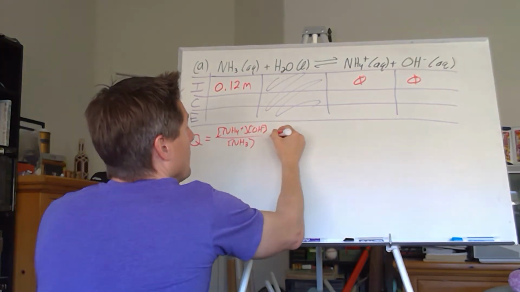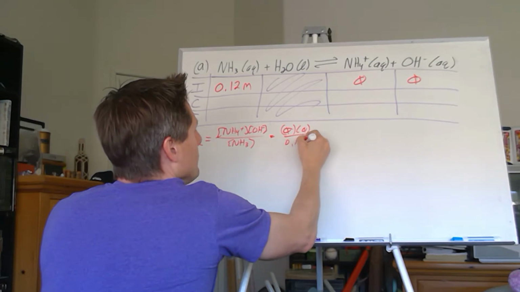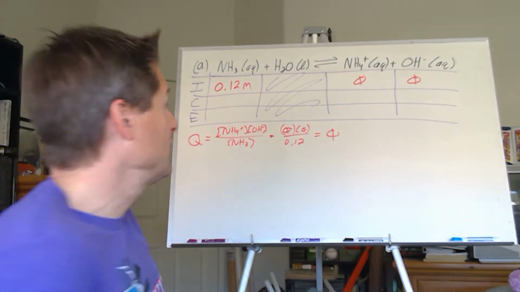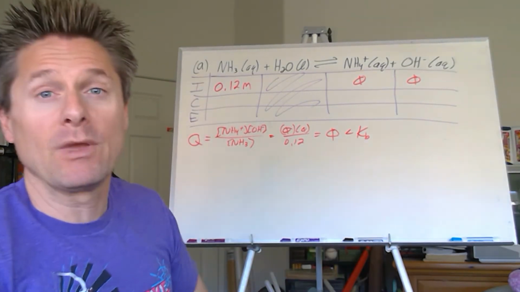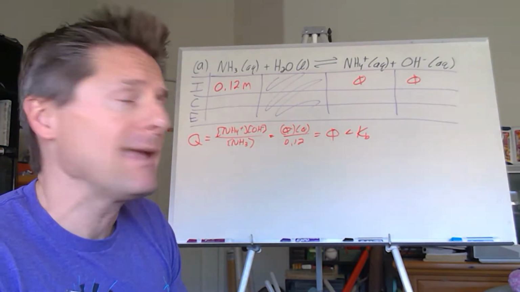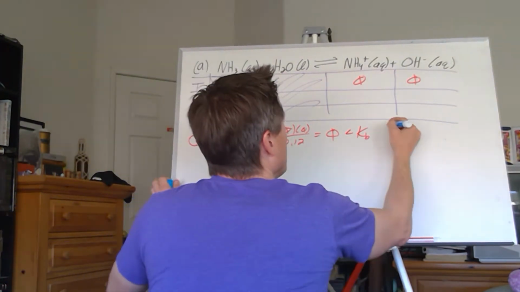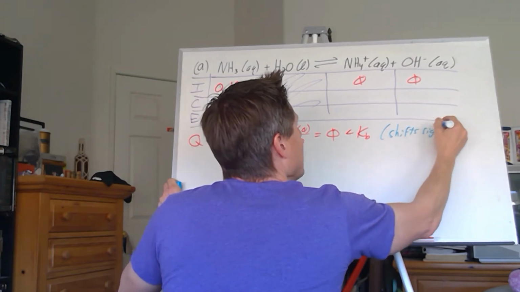Of course, those are 0. You don't even have to do this calculation. You can just say that Q equals 0, which means that's less than Kb. Now, we don't know what Kb is, we have to look it up on the table, but it doesn't matter. 0 is going to be less than that. So this is going to shift to the right.